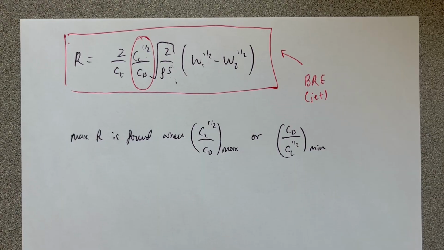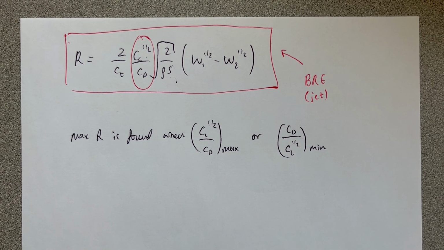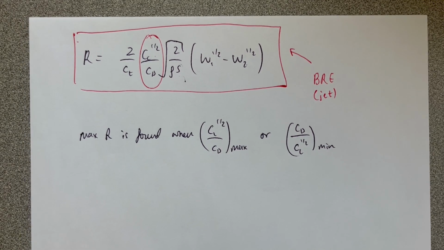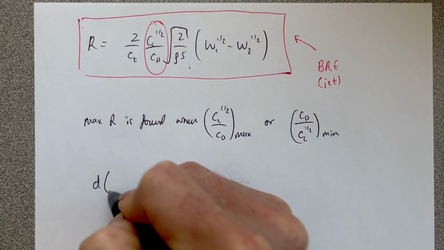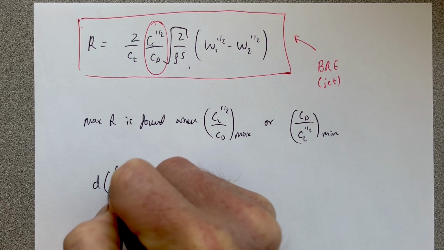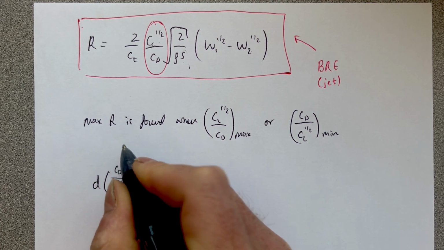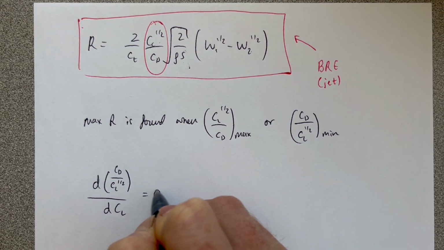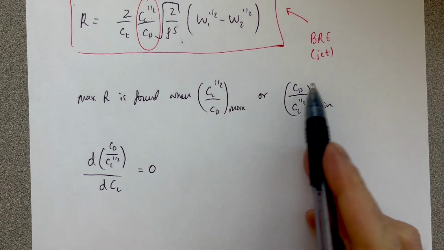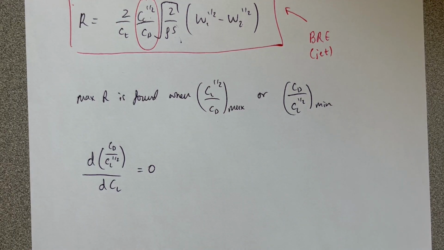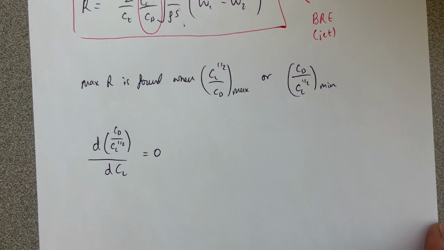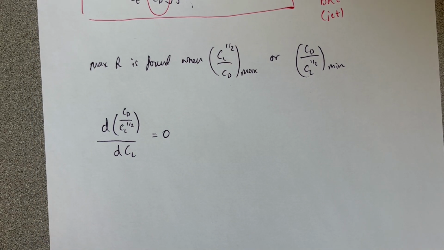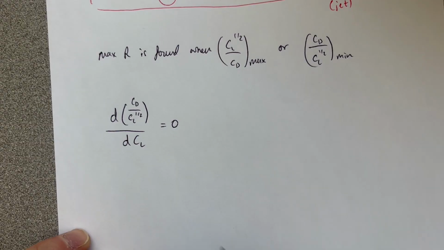The reason why I've done that is because I know how to find the minima of a function. I can find the derivative and then set it equal to 0 and solve. So what I'm essentially going to do is do d of CD over CL to the half by dCL and set it equal to 0. And that will give me the minima of that function. So let's just do a quick expansion to make this a little bit more straightforward.